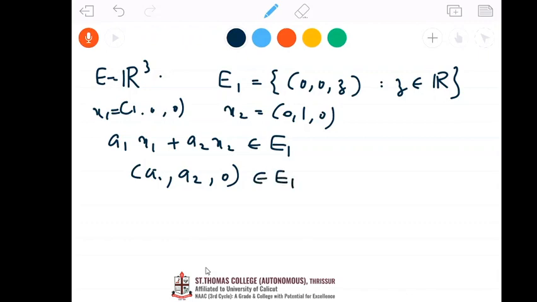So if something is to be in E1, its first coordinate and second coordinate must be equal to 0. This means a1 equal to a2 equal to 0. So a1 x1 plus a2 x2 element of E1 implies a1 equal to a2 equal to 0. Therefore x1, x2 are linearly independent relative to this E1. So this is what is meant by linearly independent relative to a subspace.